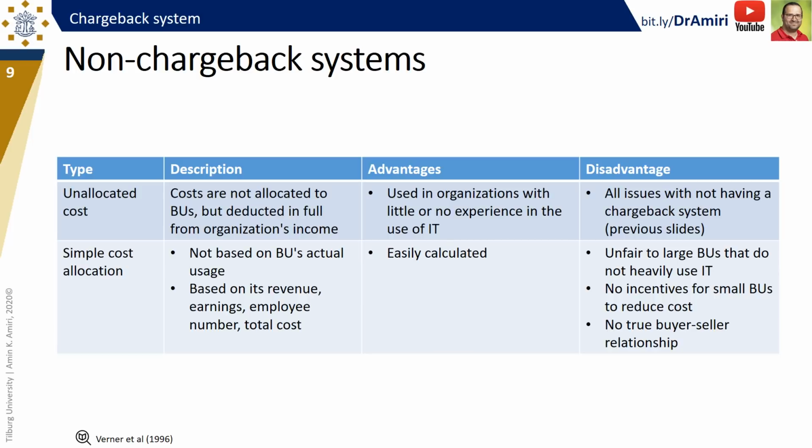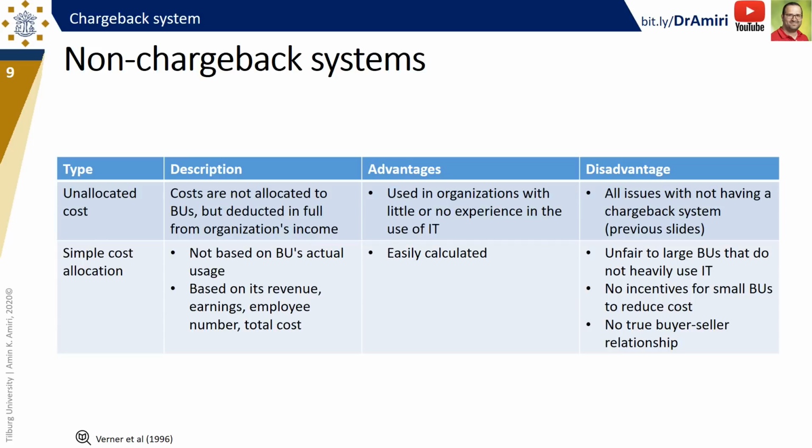Before I explain different types of chargeback systems, let me introduce you to two types of non-chargeback system. The first type is unallocated cost. Costs are not allocated to business units, but they are deducted in full from the organization's income.